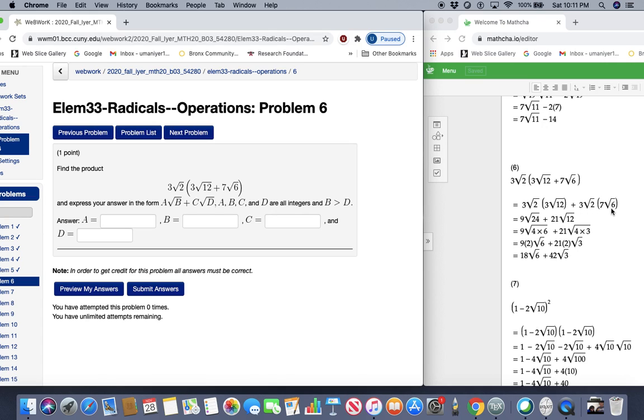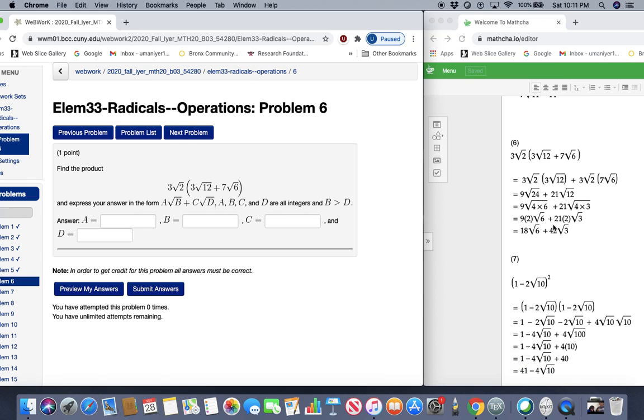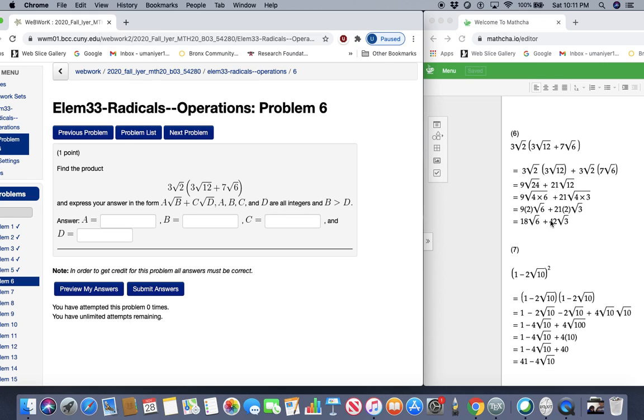Square root 2 times square root 6 is square root 12. Square root 24 is 4 times 6. Square root 12 is 4 times 3. So 9 times square root 4, which is 2, times square root 6, plus 21 times square root 4, which is 2, square root 3. This gives me 18 square root 6 plus 42 square root 3.